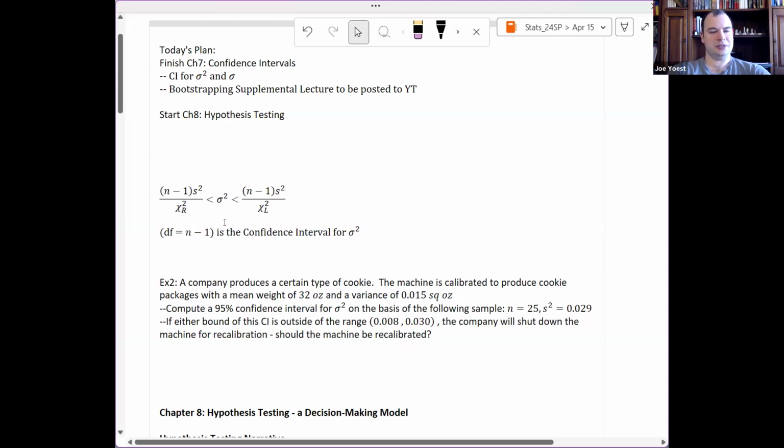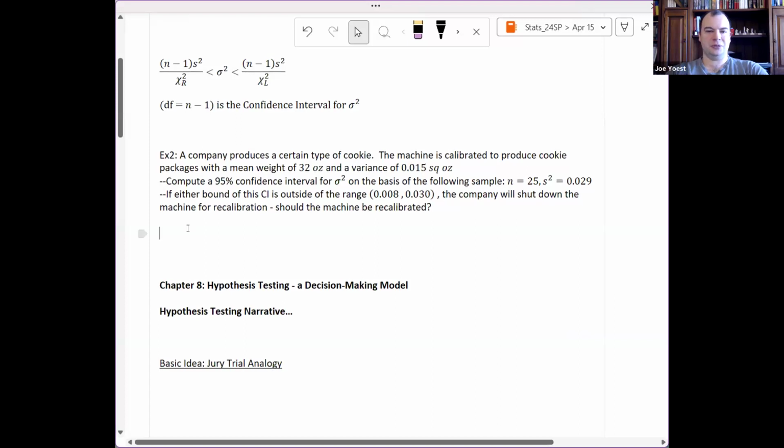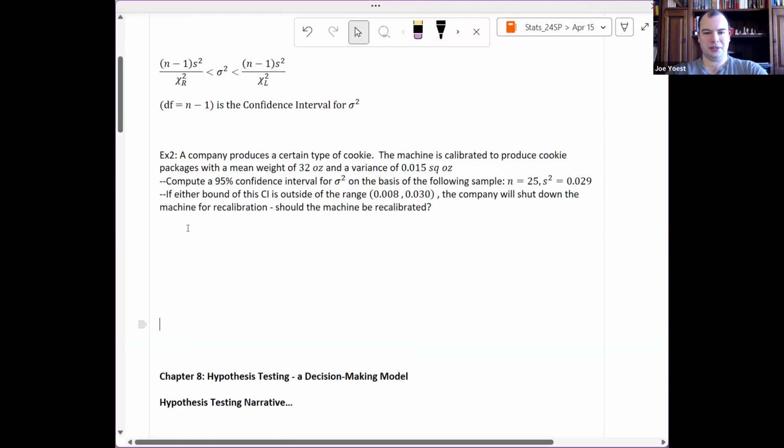The chi-squared right is the larger number, so since it's in the denominator, it's associated with the lower bound. The larger number in the bottom makes the fraction smaller, and vice versa. Degrees of freedom are n-1, and we have our chi-squared table that we can use to look up our chi-squared critical values or our chi-squared indices.